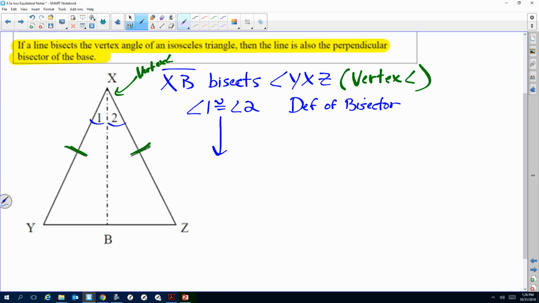These are facts that you need to recognize once you see that your vertex is bisected. Two things you have to recognize. First, this dotted line is always perpendicular, so you would have to add the box. Meaning XB is perpendicular to the base, which is my YZ.